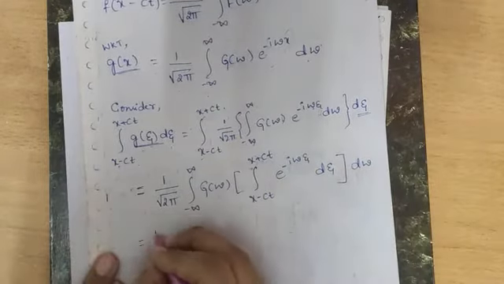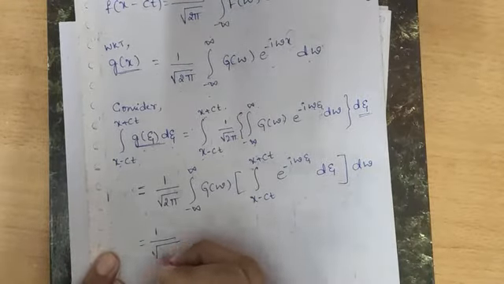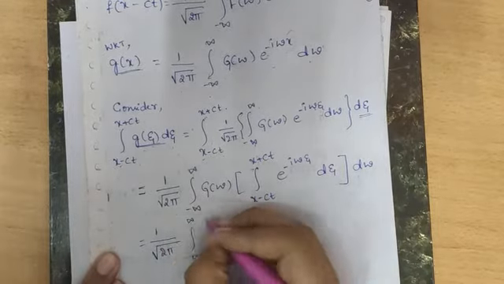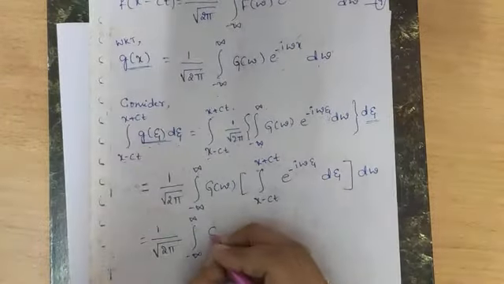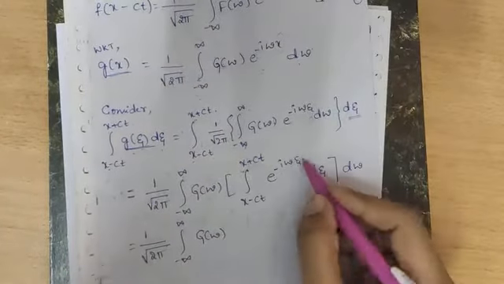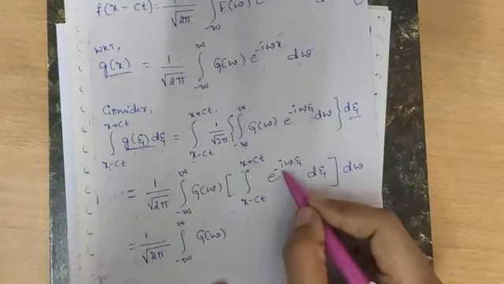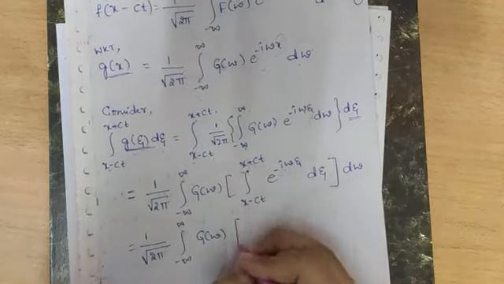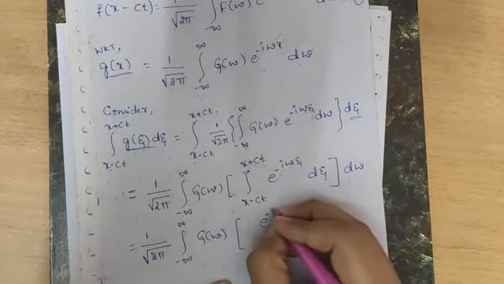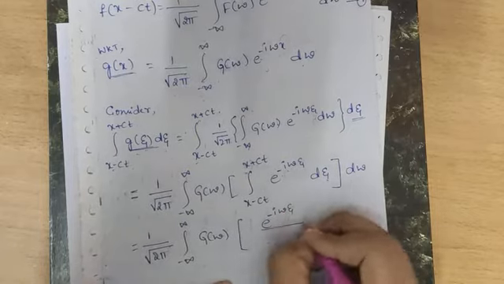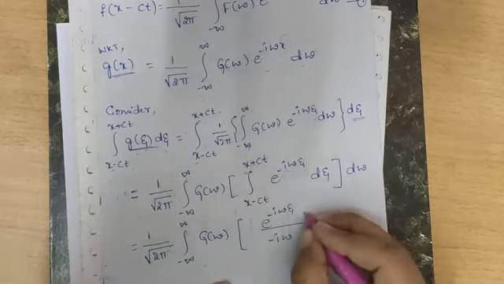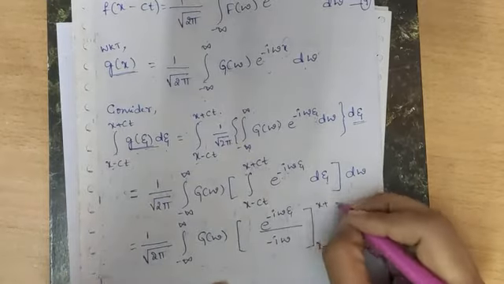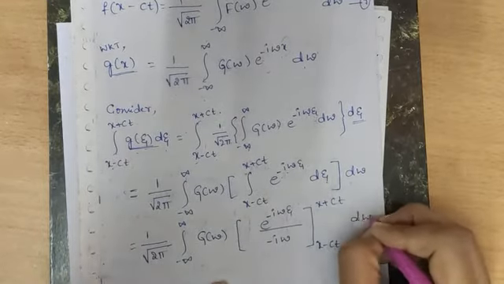So if you integrate this, you will get 1 over root 2 pi into minus infinity to infinity. I will retain g of omega as it is. If you integrate e power minus i omega xi with respect to d xi, you will get e power minus i omega xi divided by minus i omega within the limits x minus ct to x plus ct into d omega.